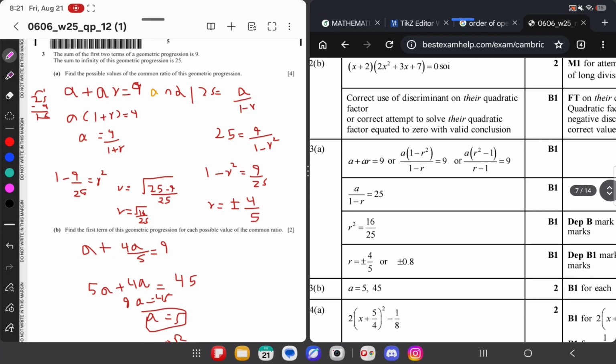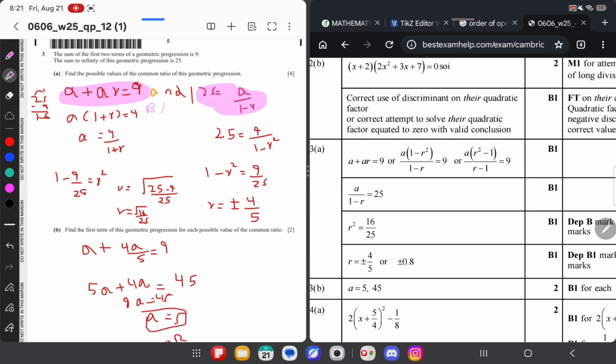So these are the steps that we mark it upon. Yeah, this is B1. Why is it not picking up? B1. Then we get A plus 1 over R. A plus 1 over R is equals to 25. No, this is squared.